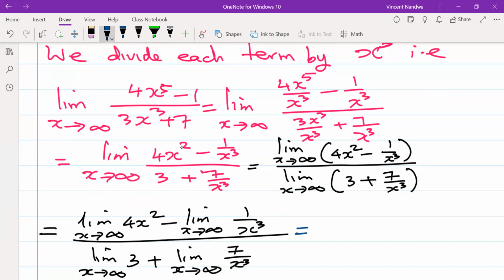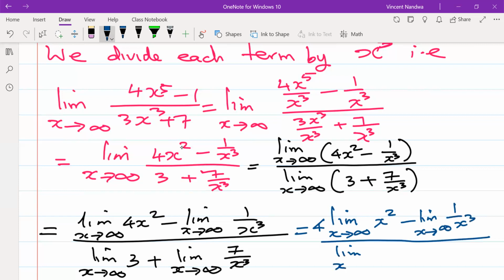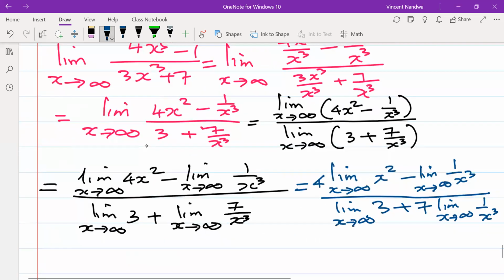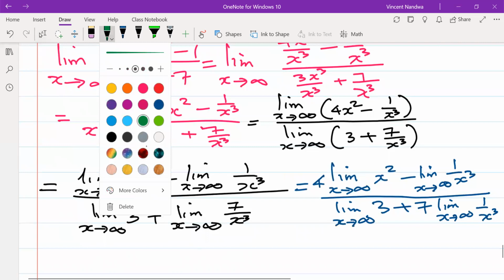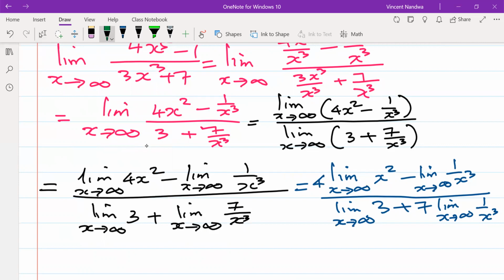You can as well factor out 4. So limit as x approaches infinity of x squared will be... what do you get?